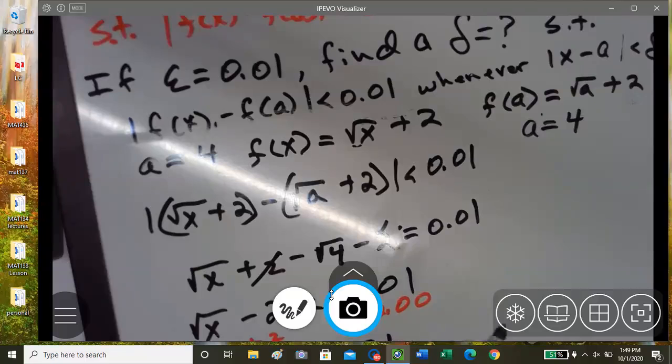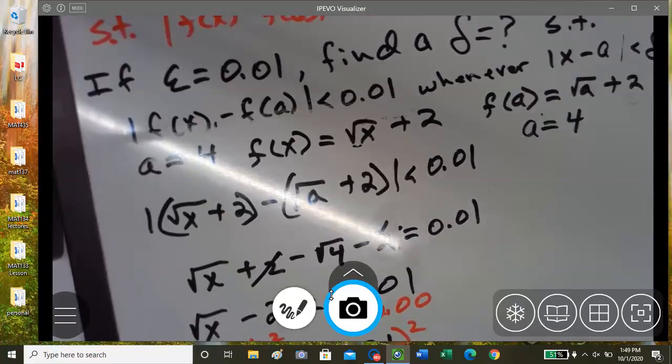Well, the inverse operation of square root is square, so we square both sides. And square and square root cancel out as inverse operations. So 2.01 squared is 4.0401.